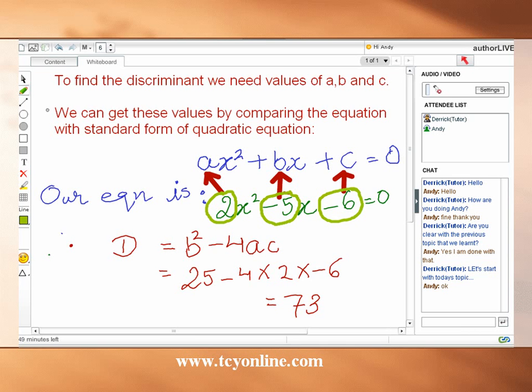Now just plug in these values into the equation D equals b squared minus 4ac and you will reach 73. So 73 is the discriminant of the equation 2x squared minus 5x minus 6 equals 0.